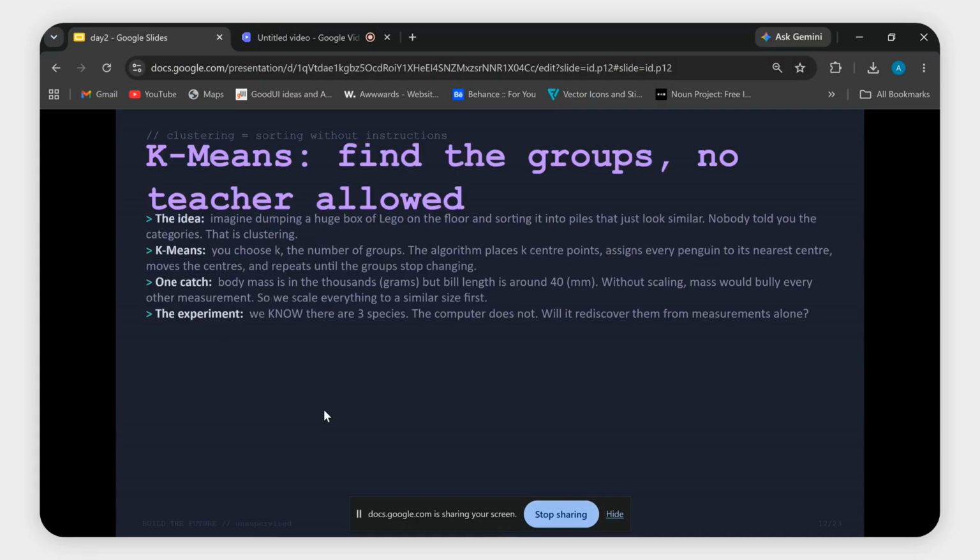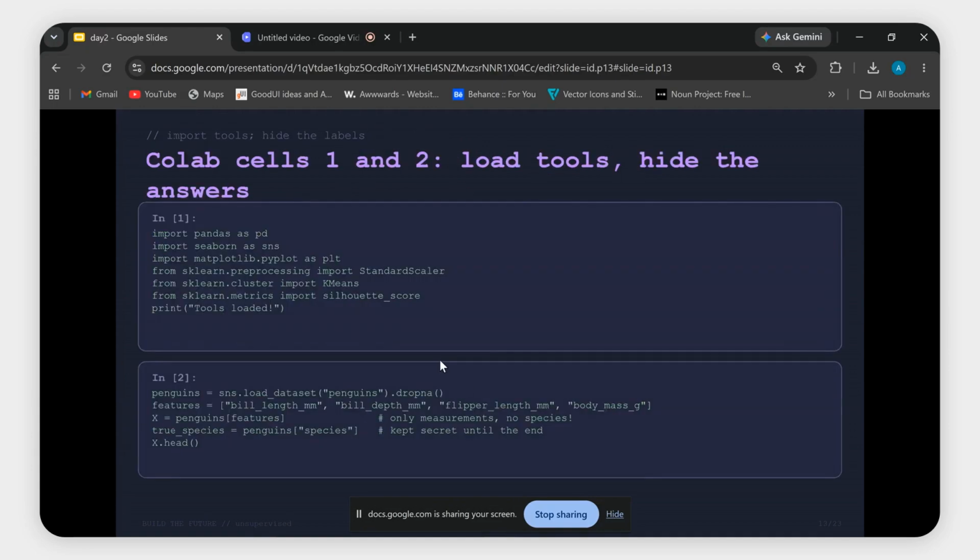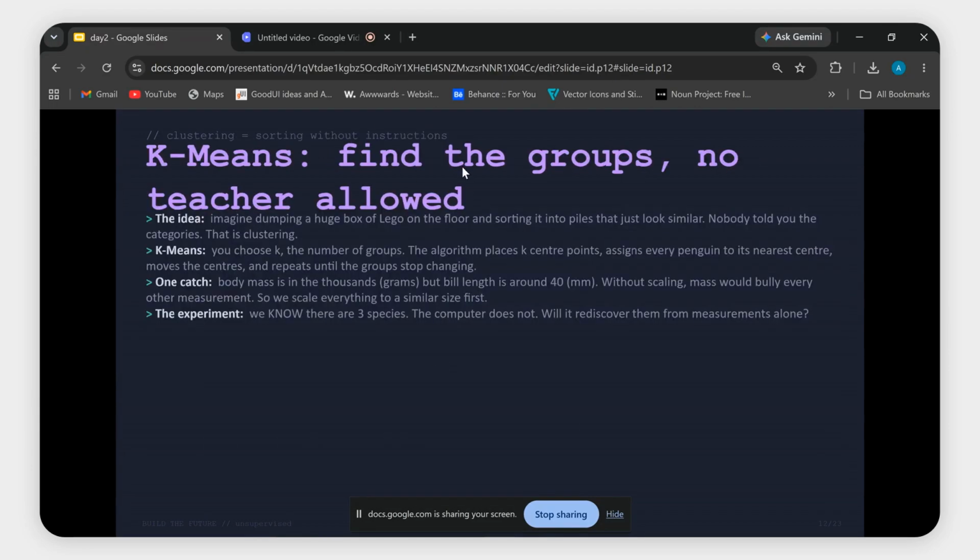Before we go on, let us understand what K-means means. K-means means we find the groups. Let's think of it like this. Imagine you find a huge box of Legos, and it is put on the floor.